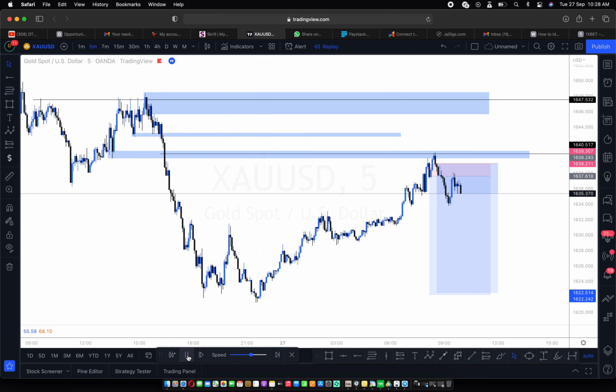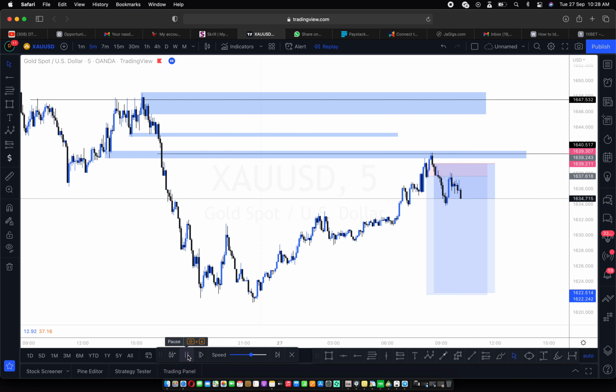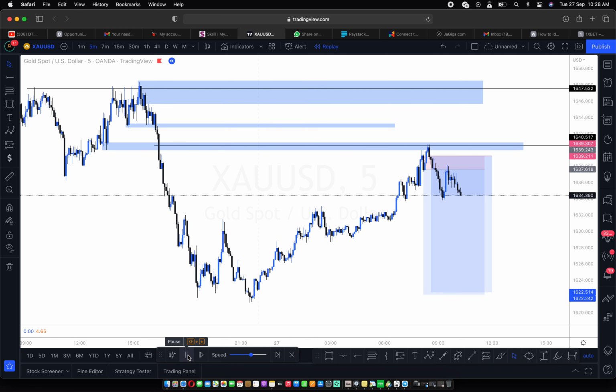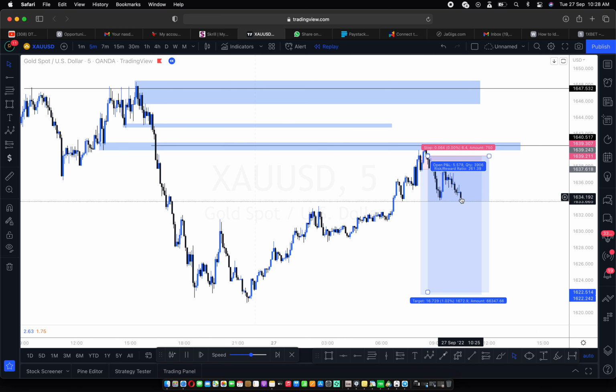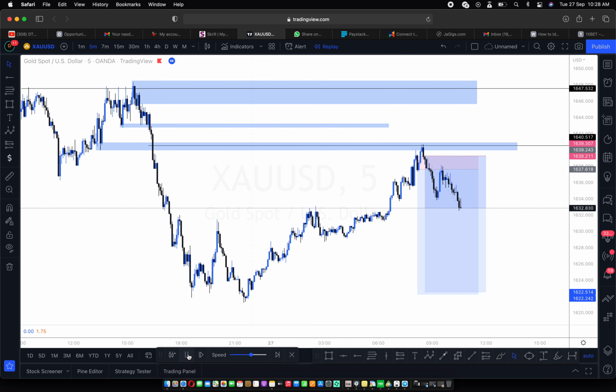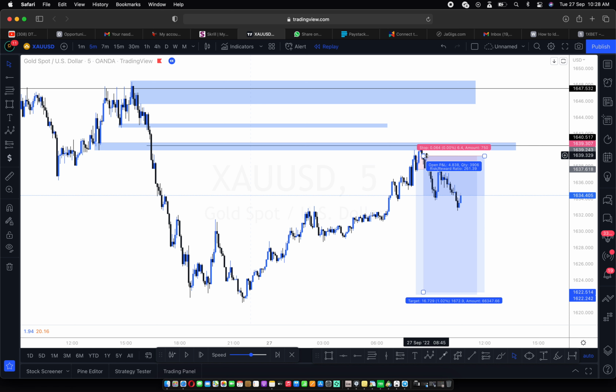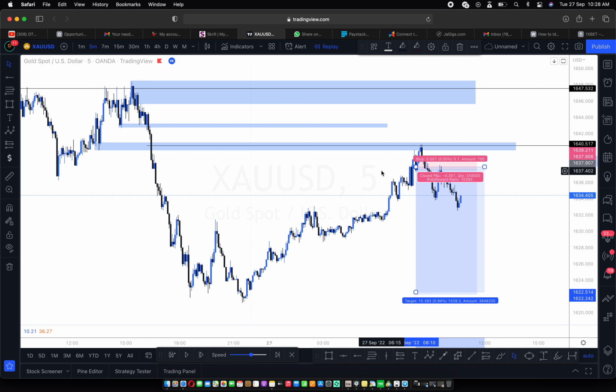We are still going down. Price is going down. Once it breaks this level, we are looking to update our stops. So we update our stops. We've broken even, and we are good to go.